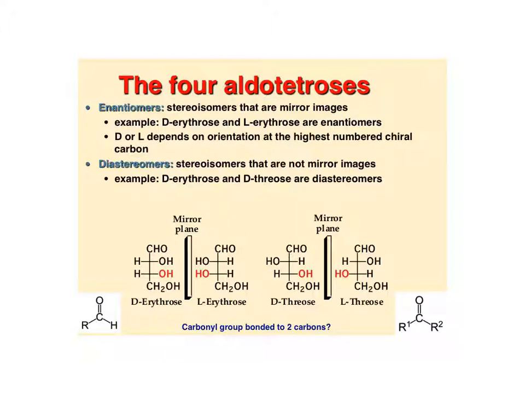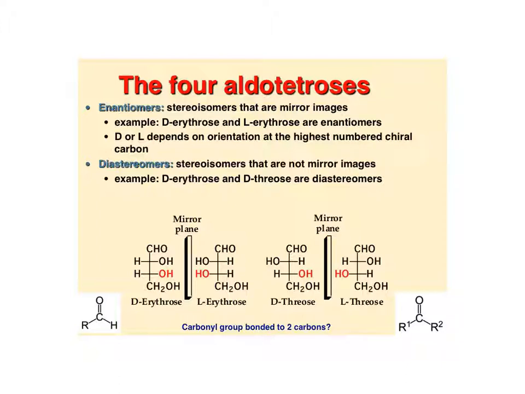Enantiomers are stereoisomers where the mirror images are not superimposable. Diastereomers are stereoisomers that are not mirror images. It is possible to have that, and that's why they're showing this with the 4 aldotetroses.